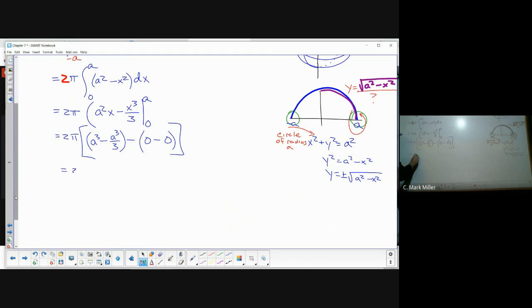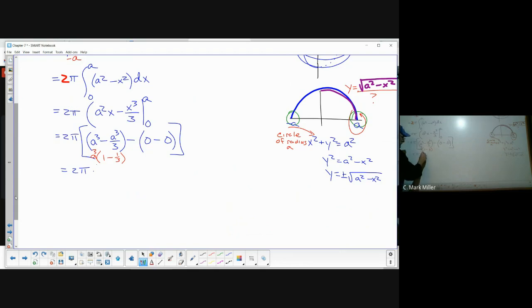So this is 2 pi times A cubed minus A cubed over 3. That's the same as A cubed times 1 minus 1/3. 1 minus 1/3 is 2/3.